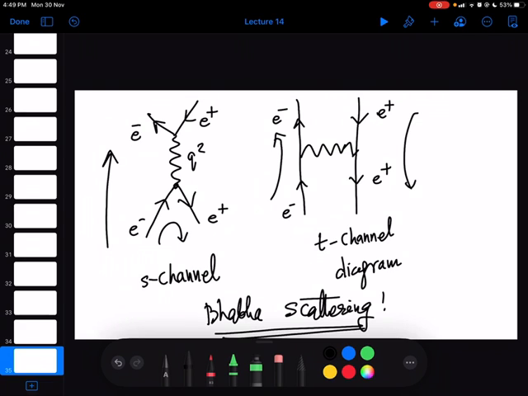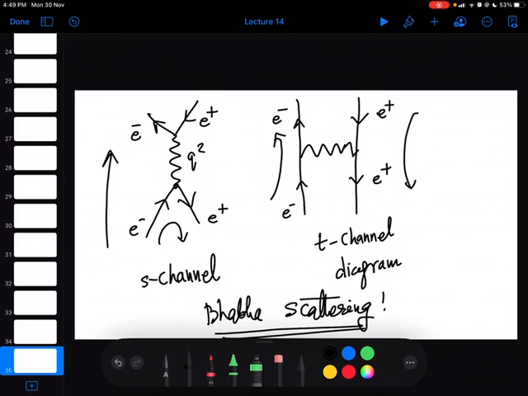Okay, now I would stop here, and I'll ask you two questions. What is the symmetry factor between these two diagrams? If I interchange two electrons, will there be a sign, because there are two different particles, electrons and positrons?